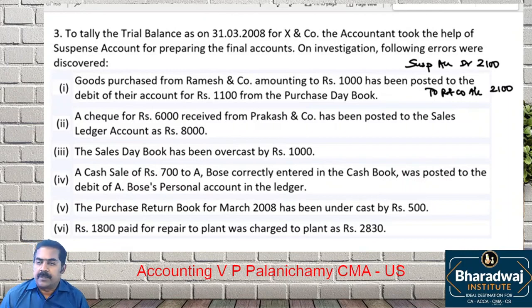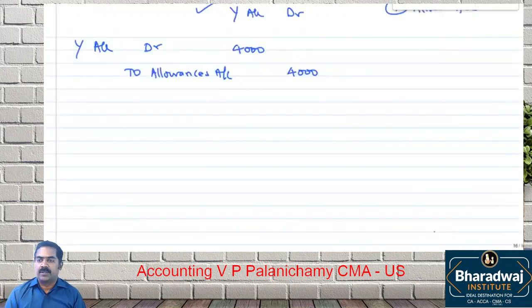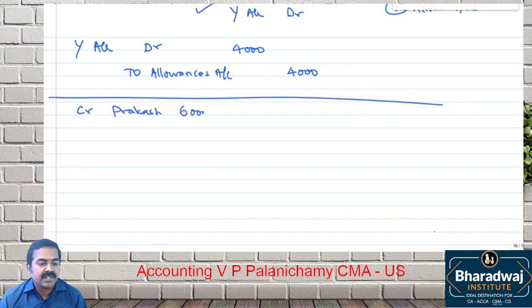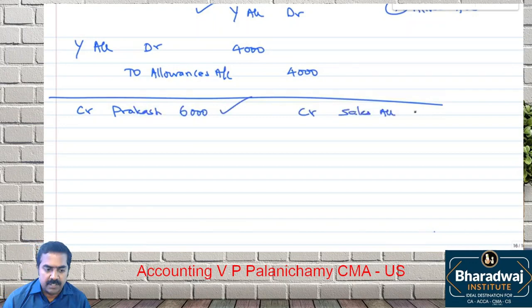Check receipt from Prakash. What is the journal entry? Bank to Prakash. The entry bank to Prakash should have been passed. We should have credited which account? Bank account debit to Prakash account, but wrongly credited to which account? Sales account. The problem is not with the bank account. The problem is in which account? Sales account. We should have credited Prakash, but we wrongly credited which account? Sales account. How to rectify this?